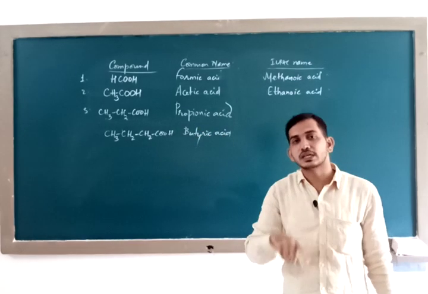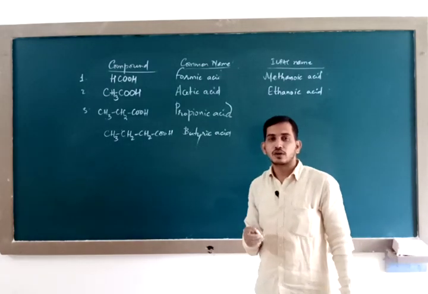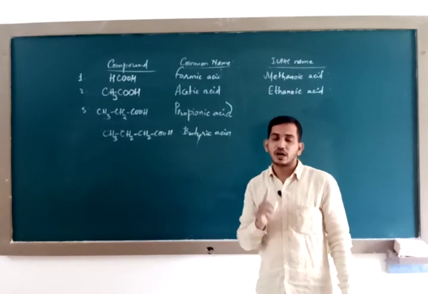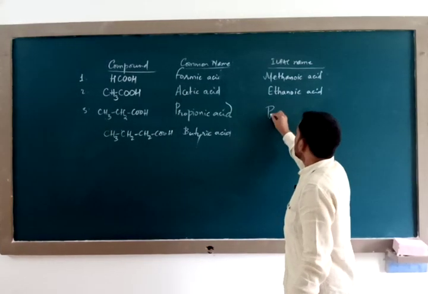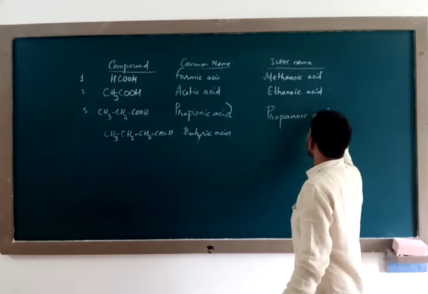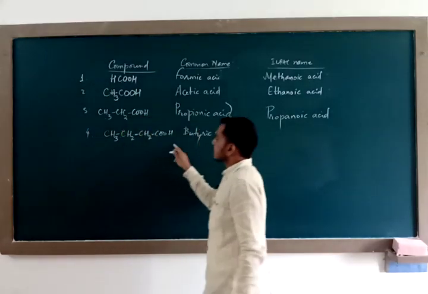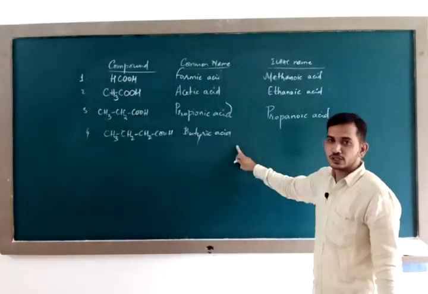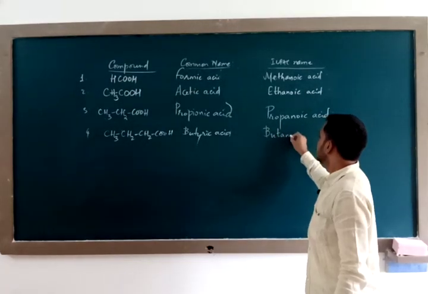Formic acid was first isolated from red ants, but the carboxylic acid to be discovered first was propionic acid. Then its IUPAC name is propanoic acid.